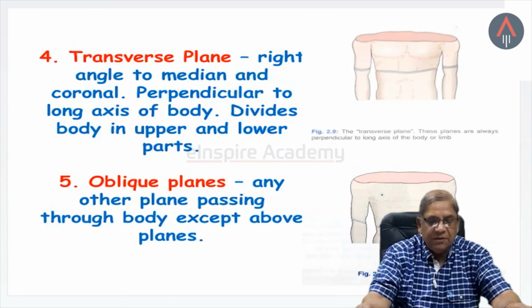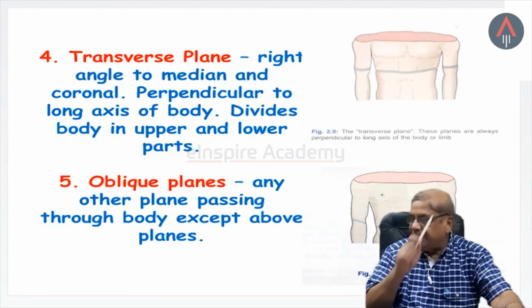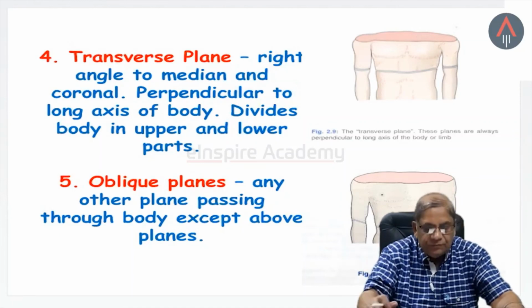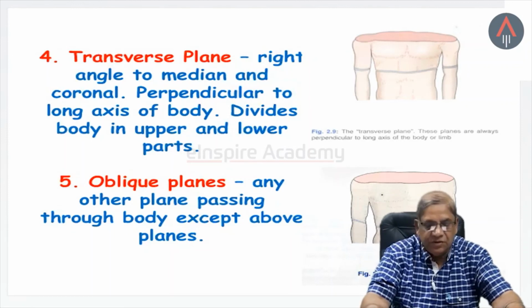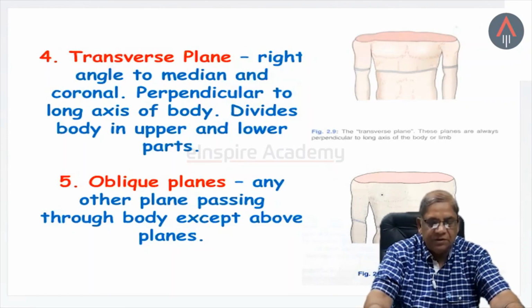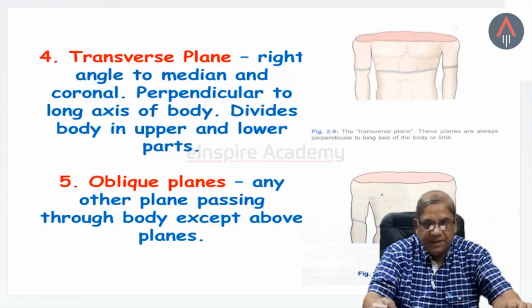These are perpendicular to the long axis of the body. The long axis is because erect posture is the anatomical position, the person is standing erect, and there may be many planes which are at right angle, or perpendicular, to the long axis of the body. These planes will divide the body into an upper and a lower part.